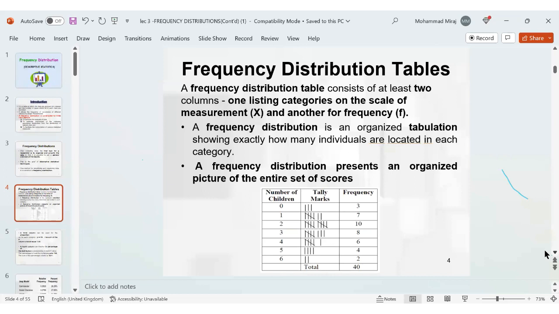But once you make it up out of the entire sample, you can draw out certain things which might help you to take a decision. For instance, what is the maximum number of children that the maximum families have? Now we can say, okay, eight families have got 3 children, whereas 10 of the families have got 2 children.